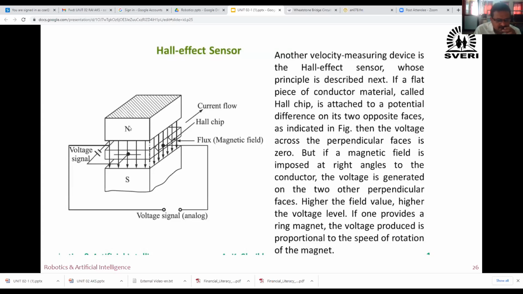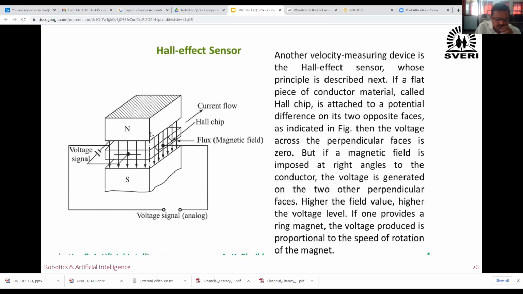Again, I will explain. This is the north and south pole of this permanent magnet, so they can be used to generate magnetic flux. This voltage source is connected. Now just see, in between these two north and south poles, one Hall chip is placed, and that Hall chip is also connected to this device which generates EMF or voltage.